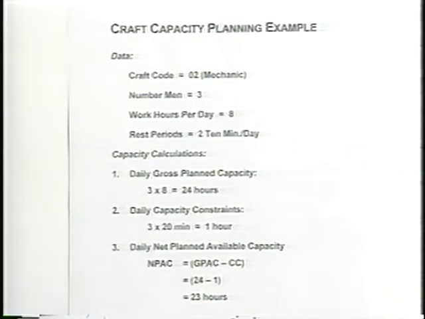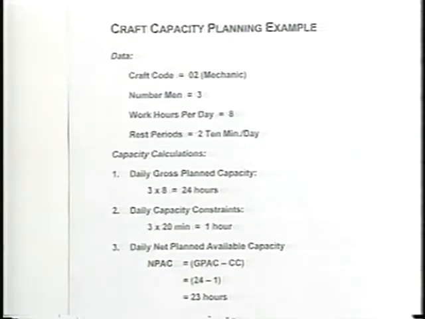So we have the gross planned capacity is 3 mechanics times 8 hours a day, which gives us a summarized gross of the 3 people, which is 24 hours. We also have 2 10-minute rest periods. So again, 3 people by the 20 minutes, which is the sum of the 2 10-minute rest periods, is 1 hour of capacity constraint.